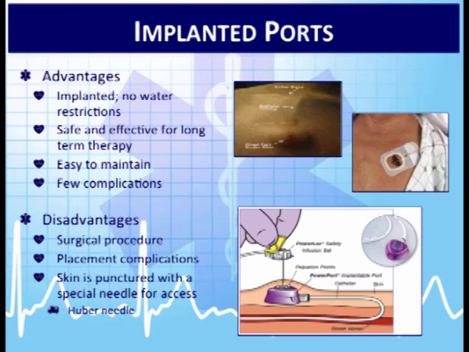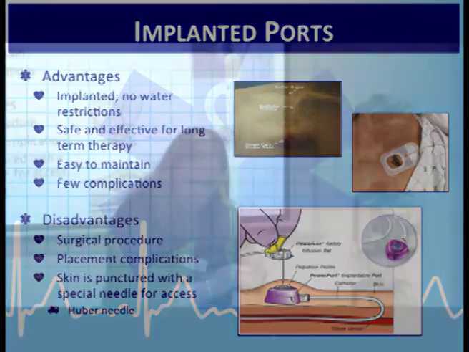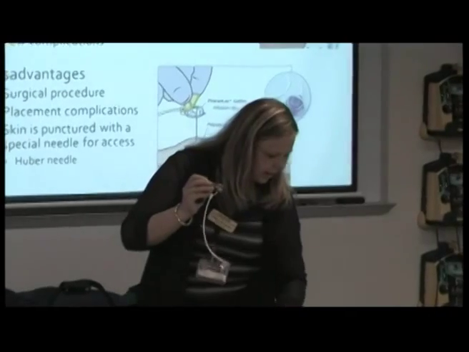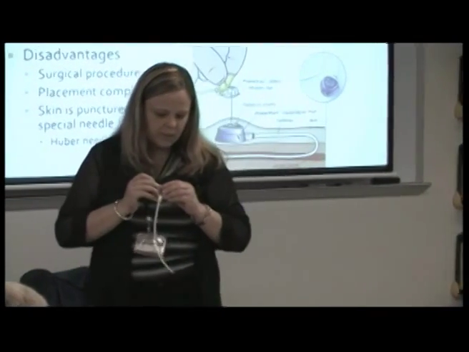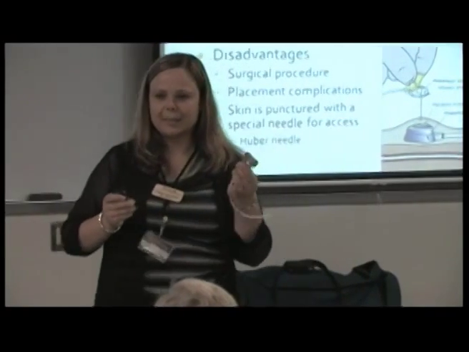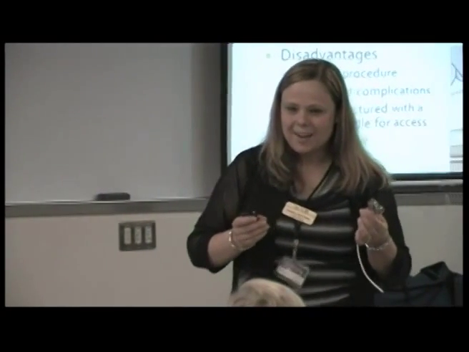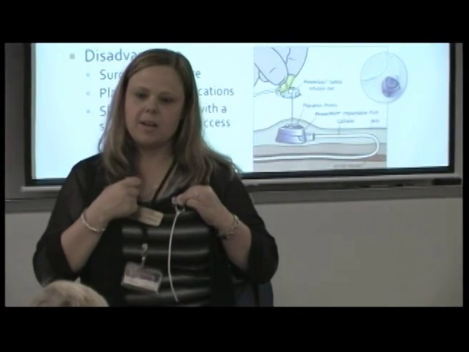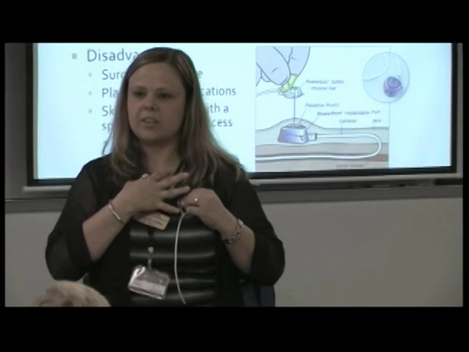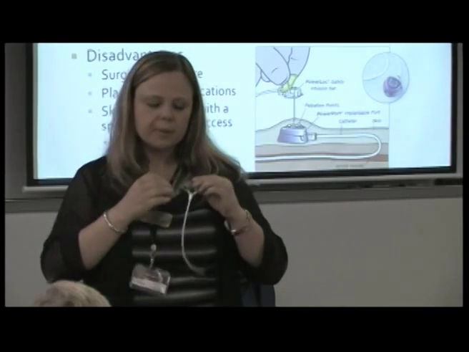I'm just going to grab a couple of these to pass around. I think we only have the double. I don't think we have one of the power ports. Obviously, it's hard to get an example of these, but most of the time you'll have the single one underneath the skin. You won't see anything externally. You'll just be able to feel the little bump.